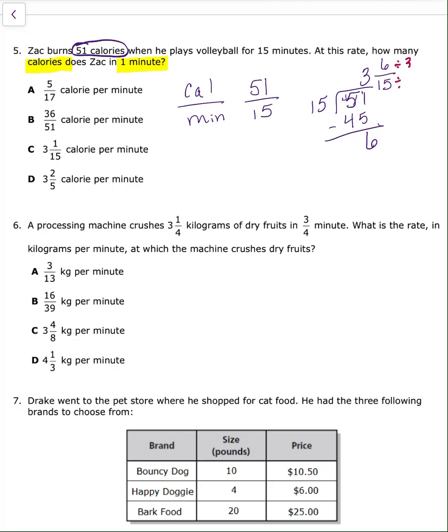Yep, 3. 3 is a factor of both of them. So 6 divided by 3 is 2, and 15 divided by 3 is 5. So our answer is 3 2/5 calories per minute, which is D.